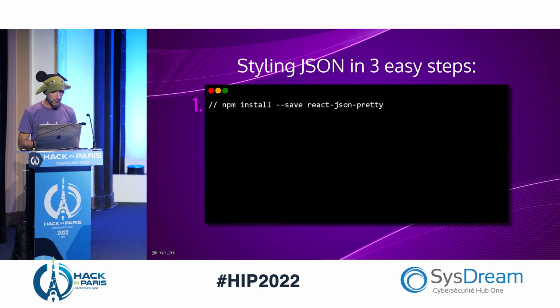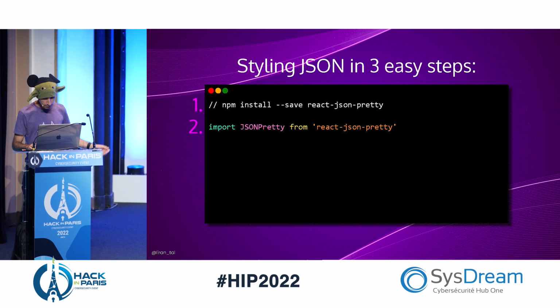I go to the CLI, run npm install, and save this react-json-pretty npm package that does what I just showed you. The next thing I need to do is run JSON import and get that JSON pretty into my component if I want to wrap it or just directly use it as is, and then literally use this front-end component to render everything.